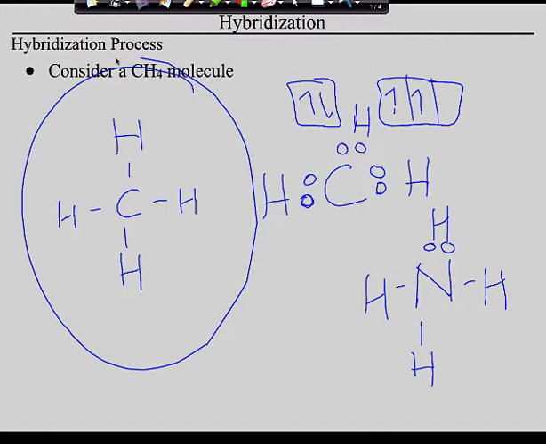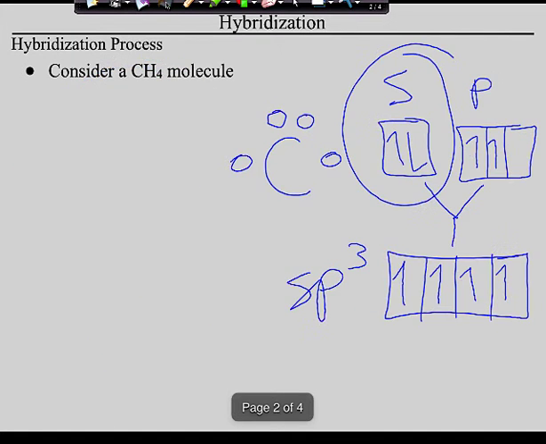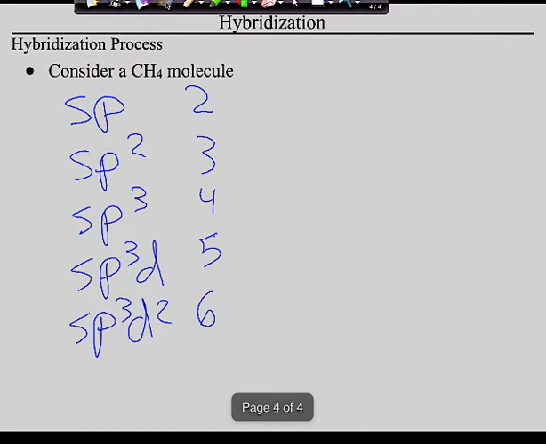If you've got 1, 2, 3, 4 domains, 4 domains results from 1 s and 3 p orbitals hybridizing, and that would be sp3 hybridization. You get the idea? So the thought then, guys, goes like this. Back to that list. What do we call the molecular geometry of something with 2 domains? Linear. Anything that is linear is an sp hybrid. What do we call 3 domains?